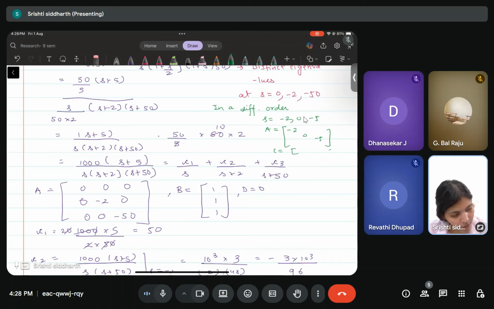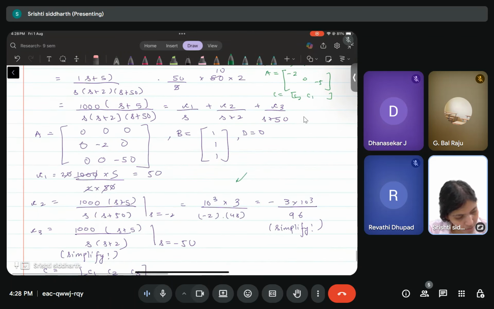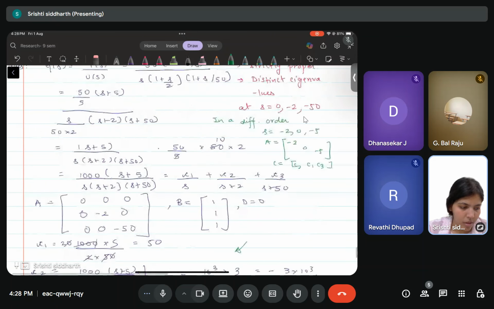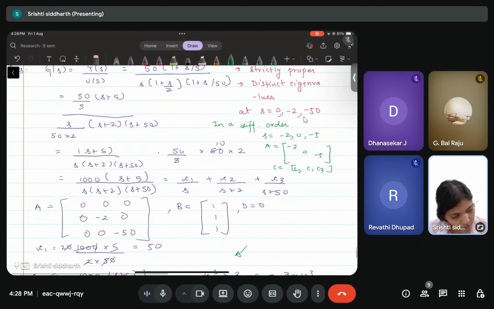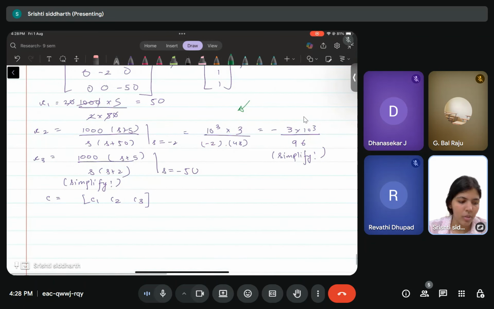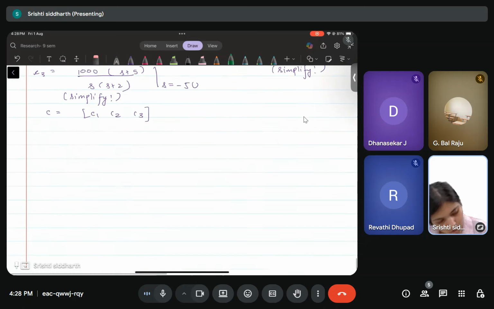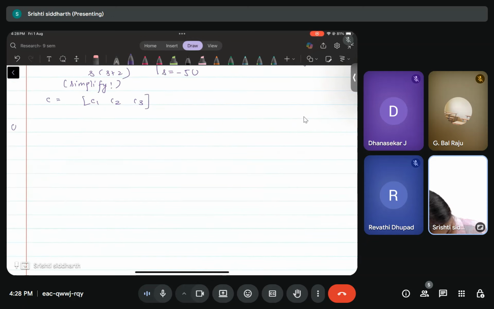And C, using the notation from here, is going to be C2, C1, and C3. So just be clear of the order of the states which you are using and then write these vectors. Alright, so this is clear. Let's move on to the next question.